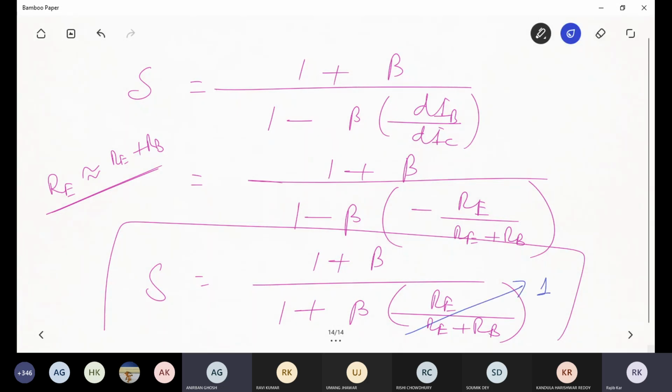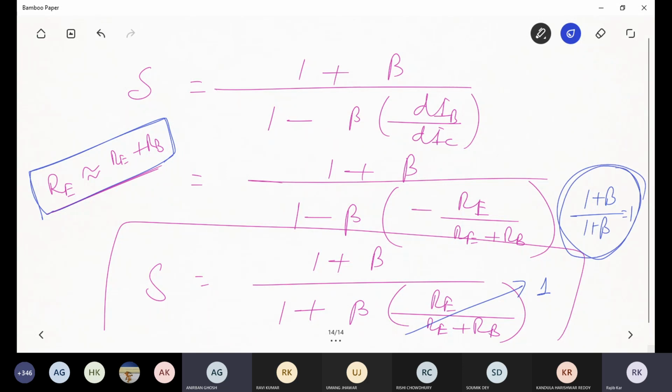So the overall component will be 1 plus beta divided by 1 plus beta, which comes out to be 1, the lowest possible value of stability factor you can achieve. That is what the design is all about.